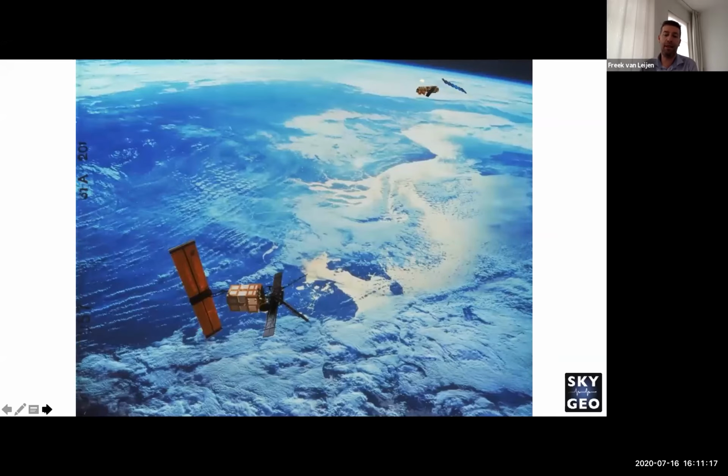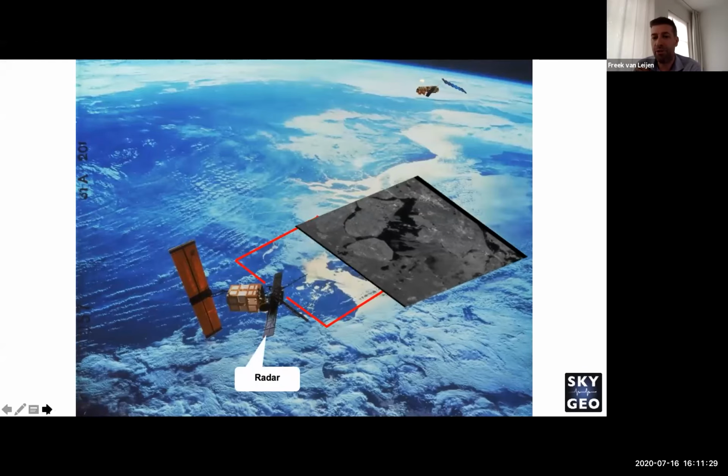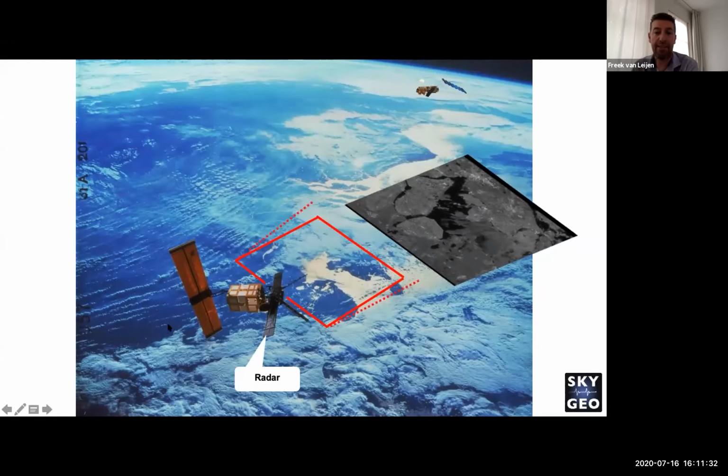How do we do this? This is an impression of what the system looks like. We have a satellite with a radar antenna on board that transmits a signal. Part of this signal is reflected back from the surface, and we capture it again at the satellite. The result is typically a black and white picture, as you see here. Whereas in the optical picture you see a lot of clouds, with radar we can look through the clouds, which means we can use every available image for our analysis.